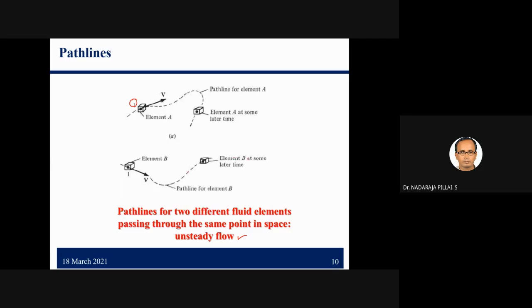Even in the unsteady flow, we have V expressed as V of x, y, z and t, because with respect to t, if some variable changes, then it is unsteady flow, right? So let us consider the element A and the element B at point 1 and point 2. In an unsteady flow, the element A takes this path.